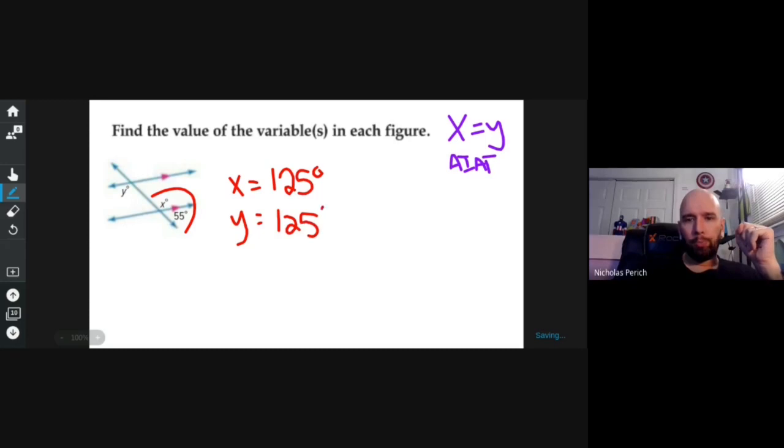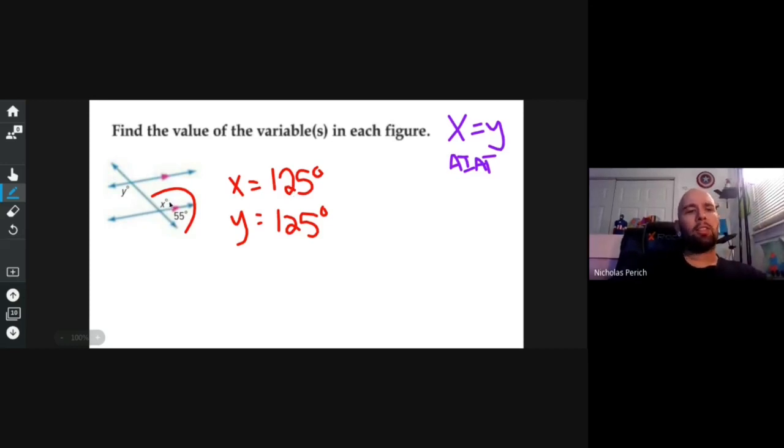Again, if you're like, I don't understand, x and 55 are glued together, and when you glue them together, they create a straight line, which means they are a linear pair, which means they are supplementary, which means they add up to 180 degrees. So the way I get x is I do 180 minus 55, and that's what gave me 125.